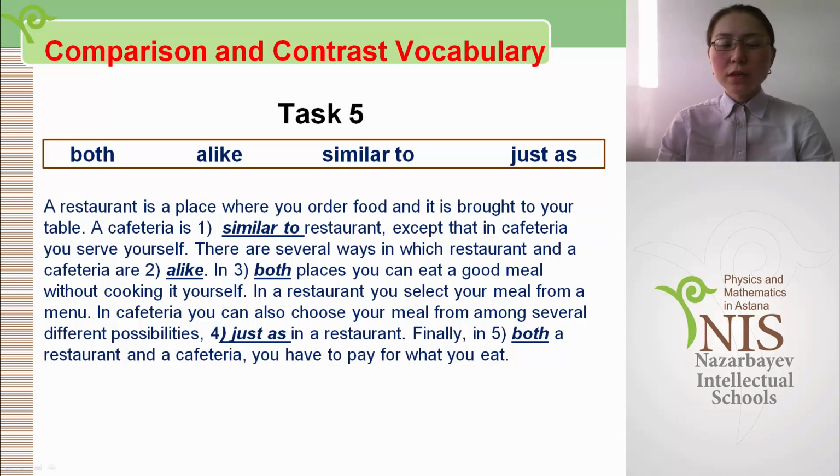In a cafeteria, you can also choose your meal from among several different possibilities, just as in a restaurant. Finally, in both a restaurant and a cafeteria, you have to pay for what you eat. All those vocabulary words are used in order to compare a restaurant and a cafeteria. How similar are they?